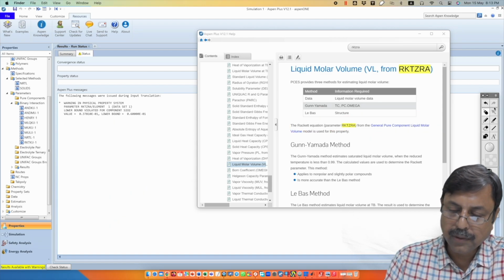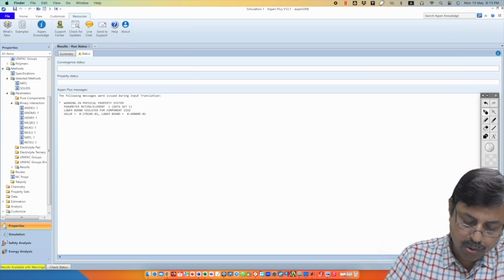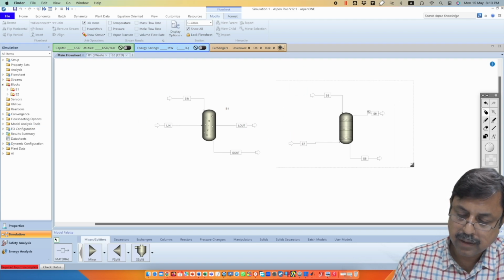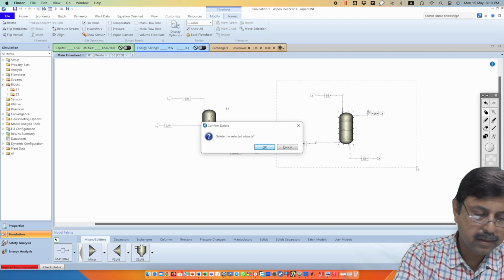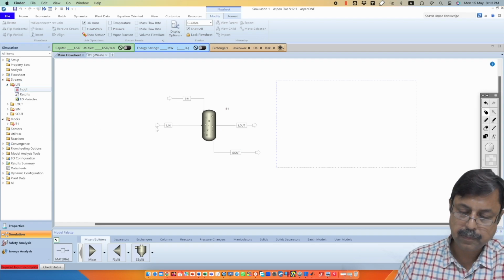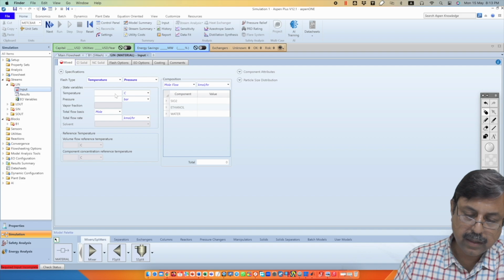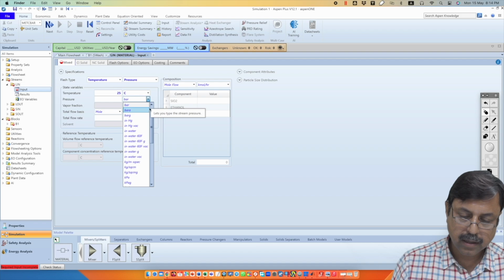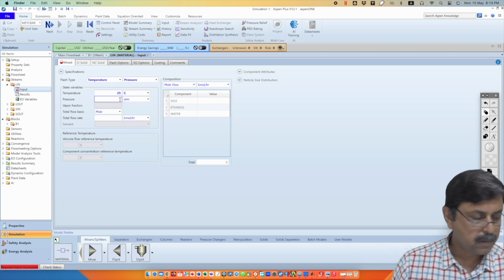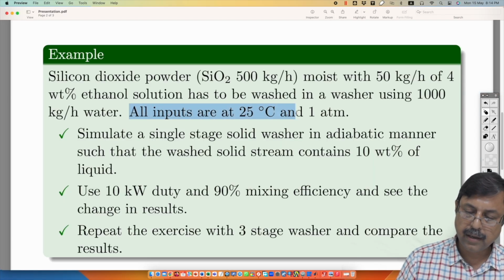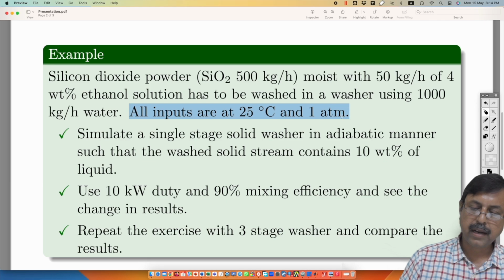So we can just ignore this warning. Okay. So let us go to the simulation window. For the time being, let us delete this CCD. And we have to set the liquid input. Now liquid input, it is 25 degrees centigrade and 1 atmosphere pressure, isn't it? Let us check it. Yeah, all inputs are at 25 degrees centigrade and 1 atmosphere pressure.